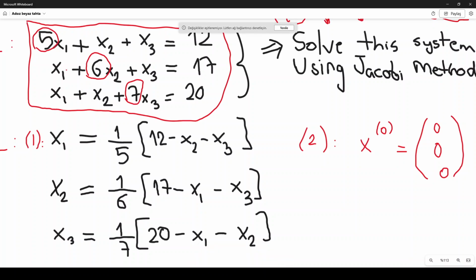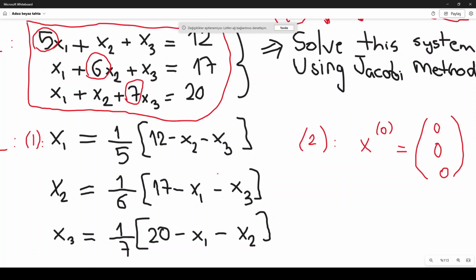And 6 is greater than 1 plus 1. And again, 7 is greater than 1 plus 1. So there's no problem. We have a strictly diagonally dominant matrix, so that means convergence is guaranteed. So I can start using this Jacobi method.